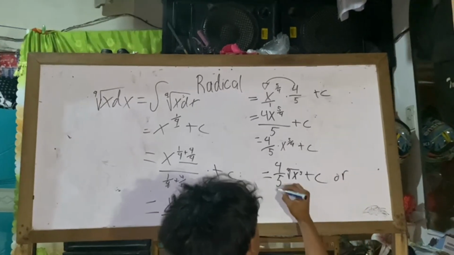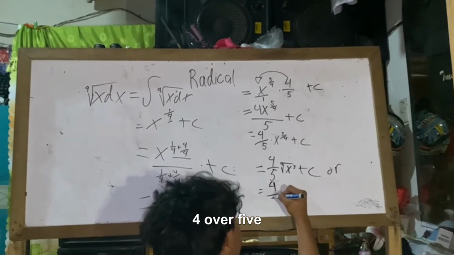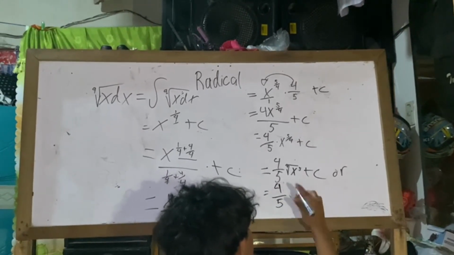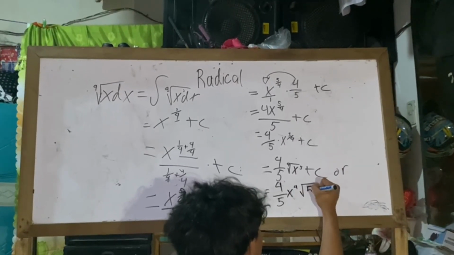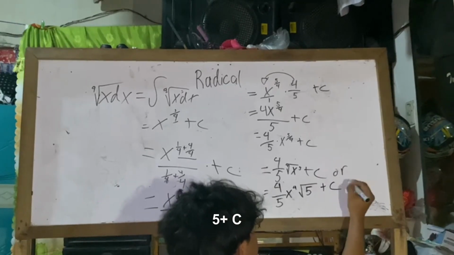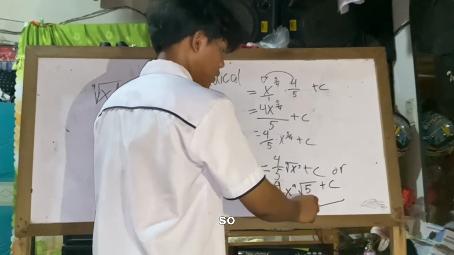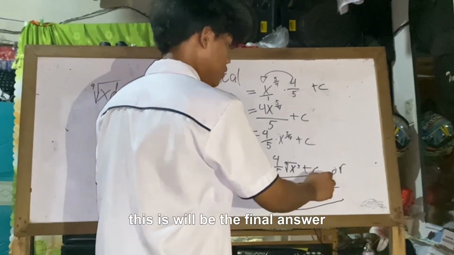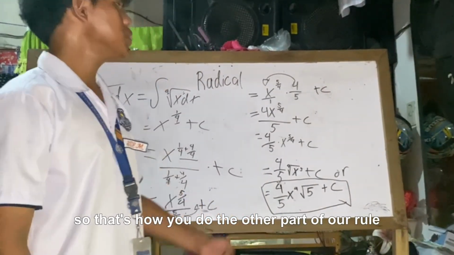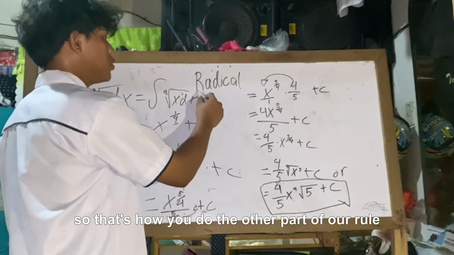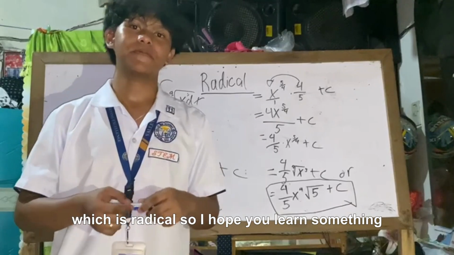So 4 over 5 times x to the 5 over 4 plus c will be the final answer. So that's how you do the other part of the power rule, which is radical. I hope you learned something.